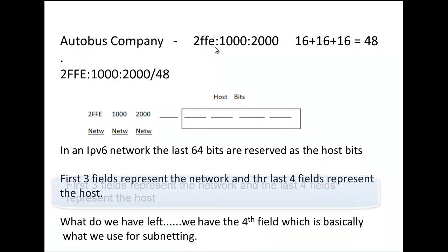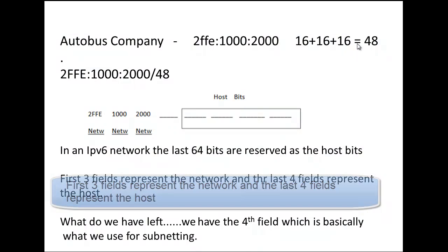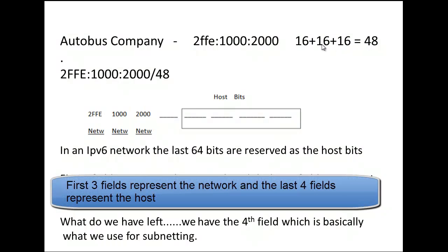So remember, each field has 16 bits. So this address here is representative of 48 bits, 16 plus 16 plus 16. The way we would write that down is 2FFE colon 1000 colon 2000 slash 48.